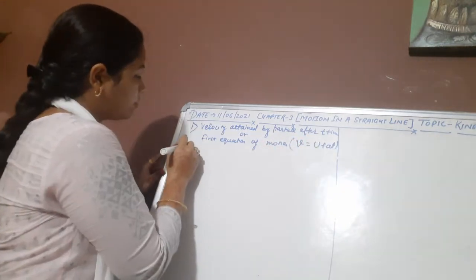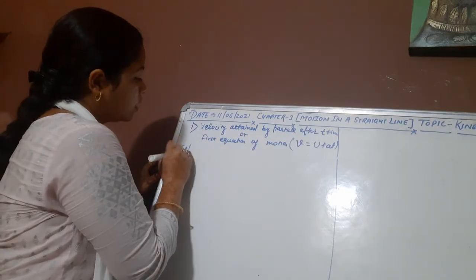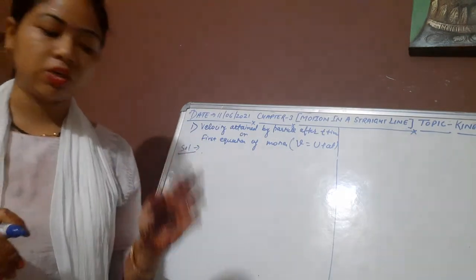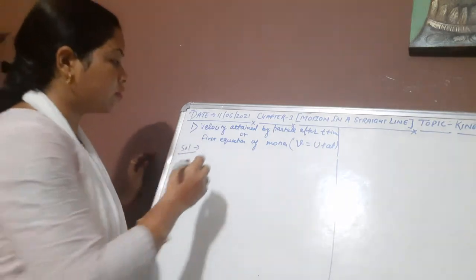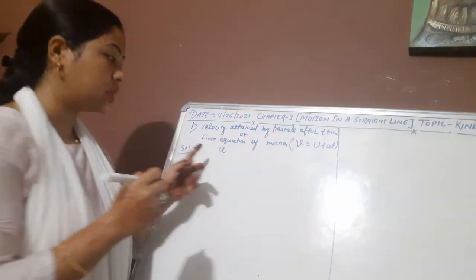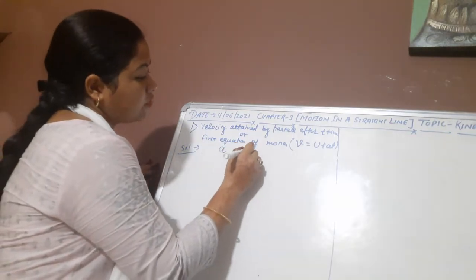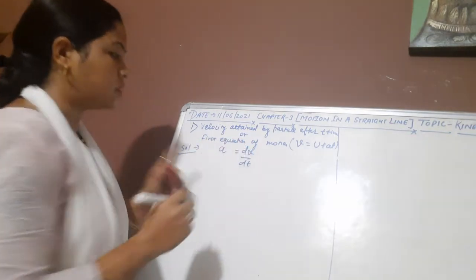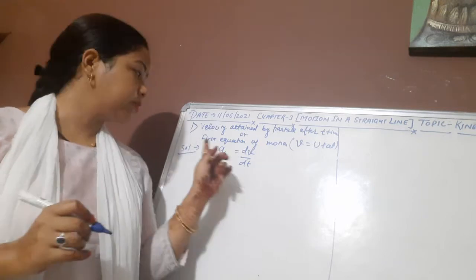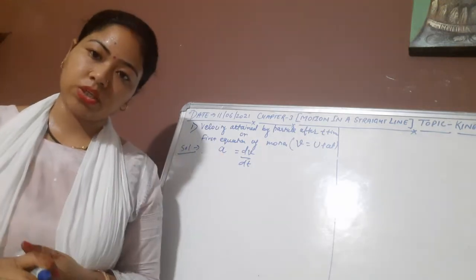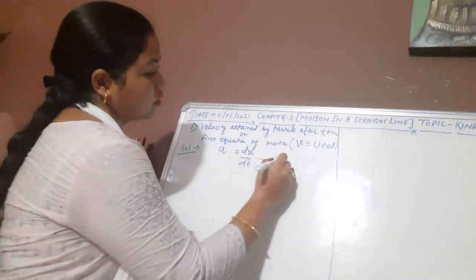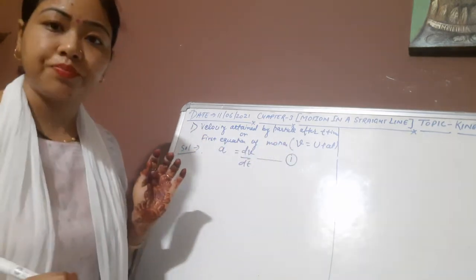Children, whenever we start with the first equation of motion, it starts with the formula of the instantaneous acceleration, that is a. So instantaneous acceleration is dv upon dt, that is the rate of change of velocity, which gives us the value of the acceleration, right?